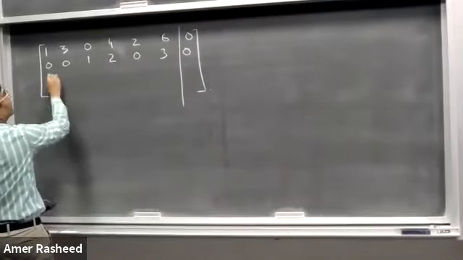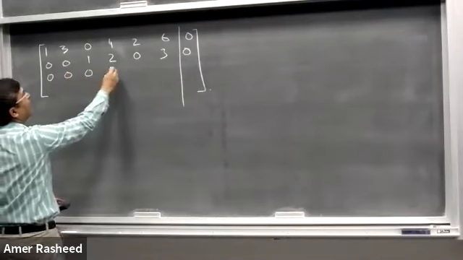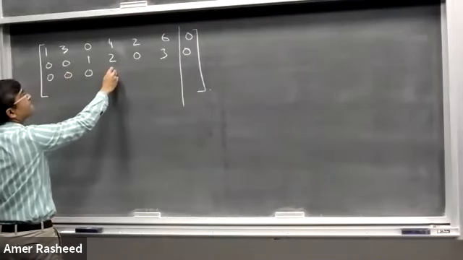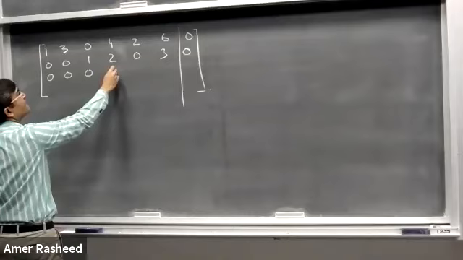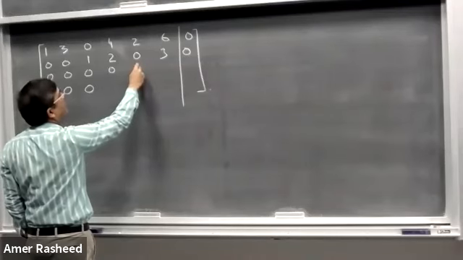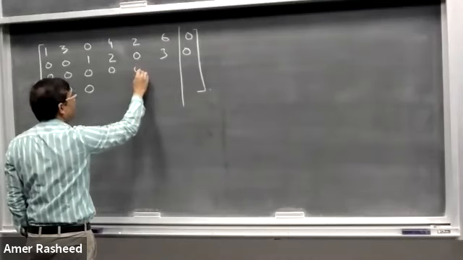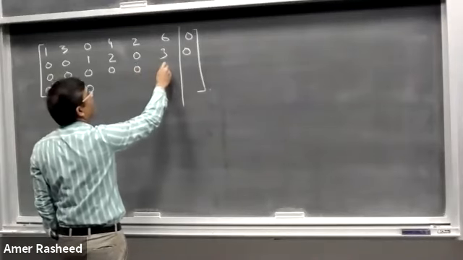The third row will become 0 0 0, and then again a 0, again 0, and then again a 0, again 0.